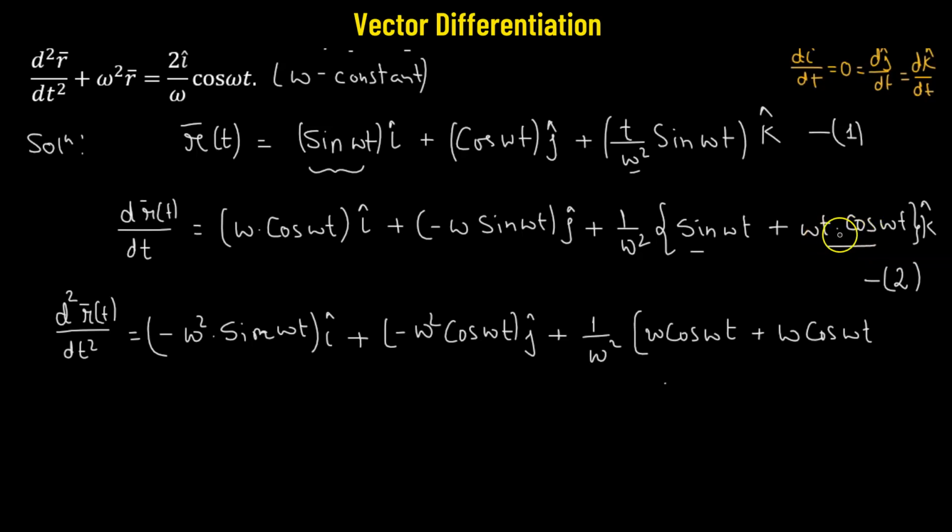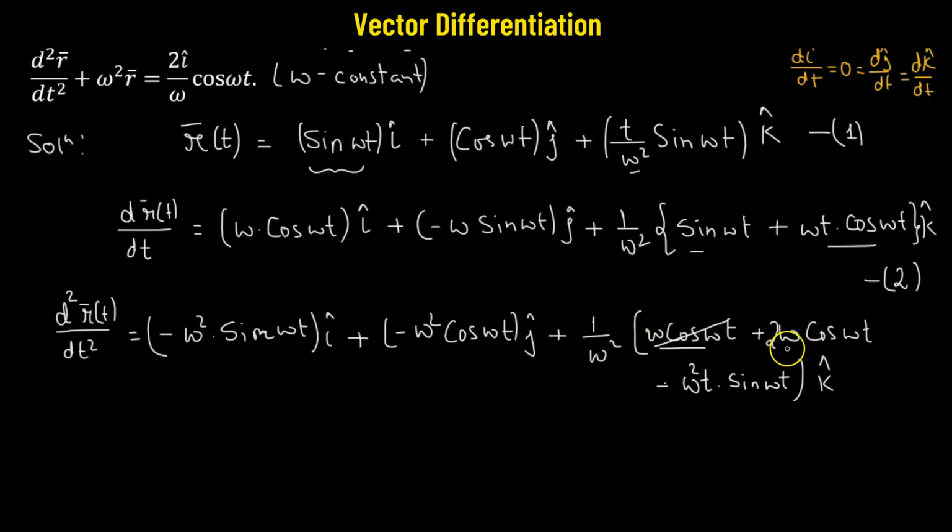We need to take omega t and multiply it by the derivative of cosine omega t, which is sine omega t. So this will be negative, and we also have a factor omega. This will be our unit vector k cap, the z component. So we have omega cosine omega t and omega cosine omega t.